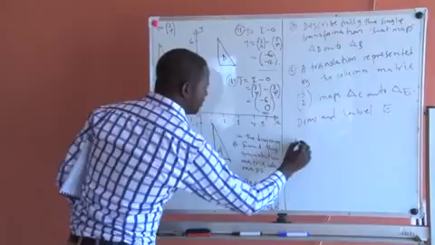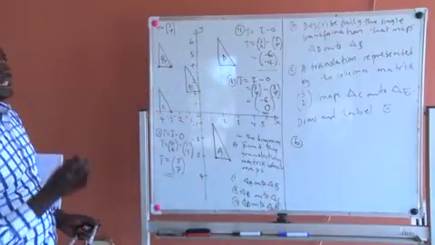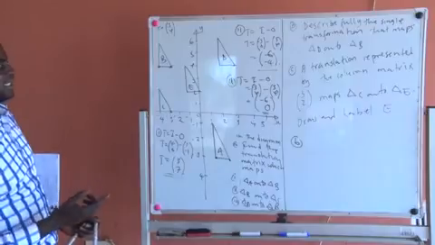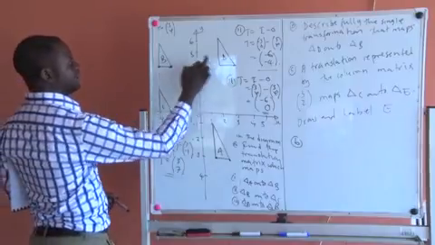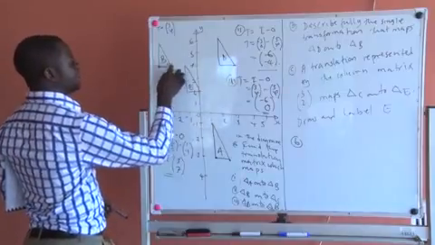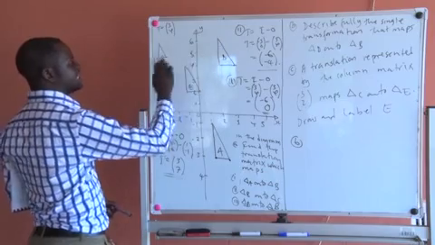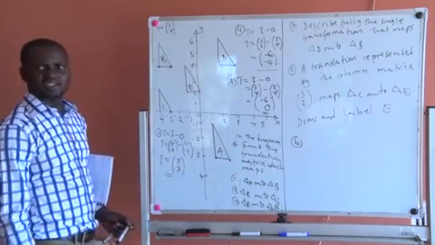Then we go on to number B. They are saying, describe fully the single transformation that maps D onto B. You can see these and this, they are parallel, that and that, they are parallel. This and this, they are parallel, and the size and the shape is the same. So that is translation.